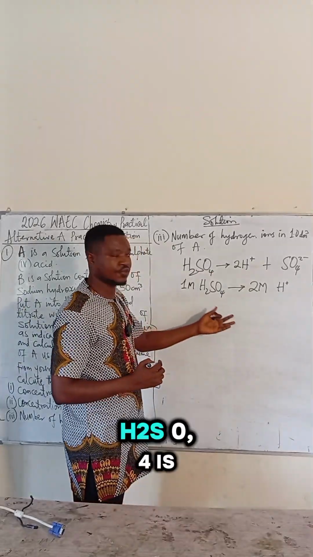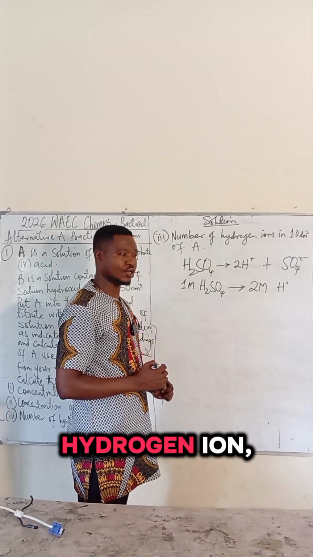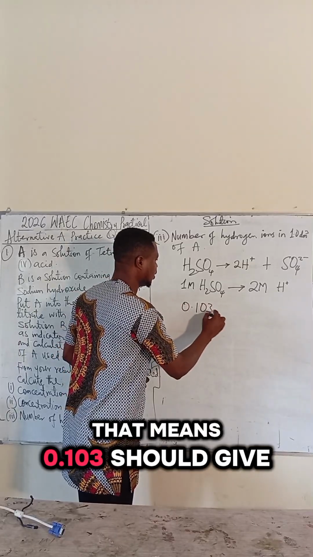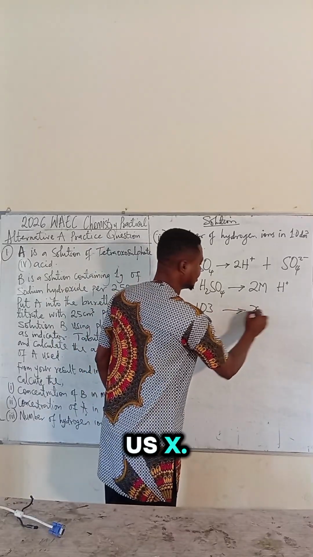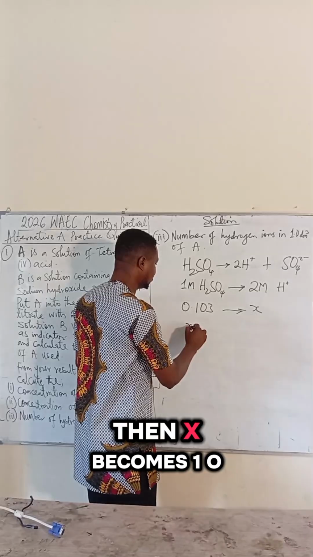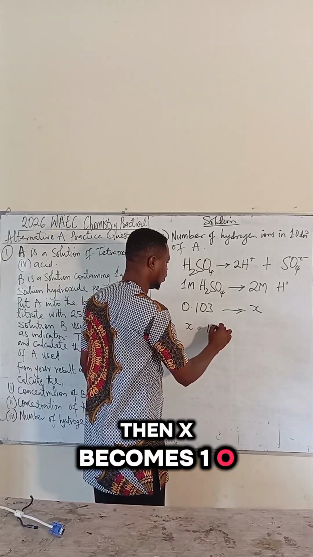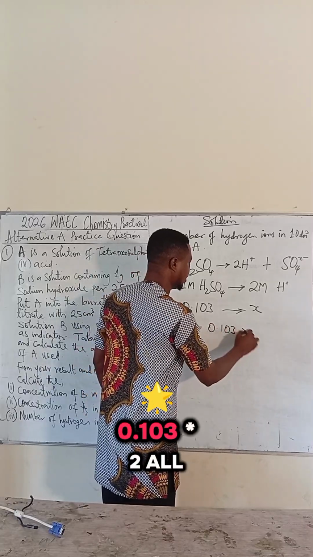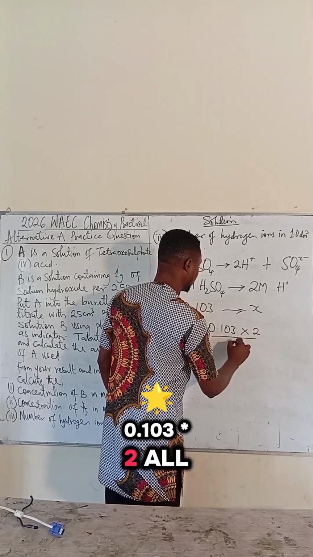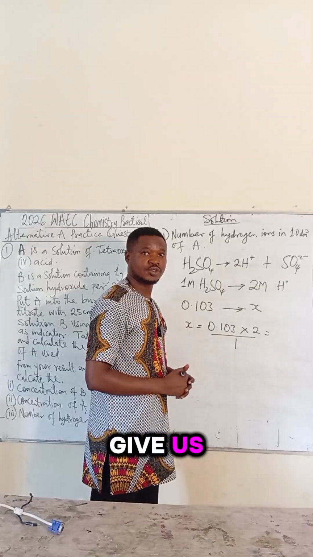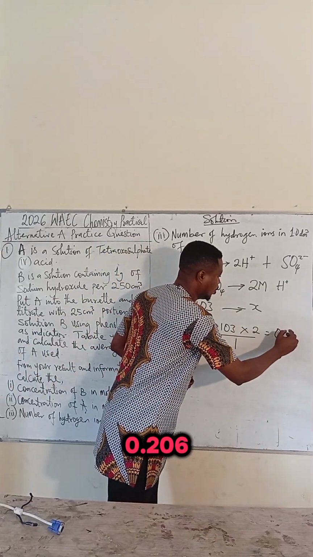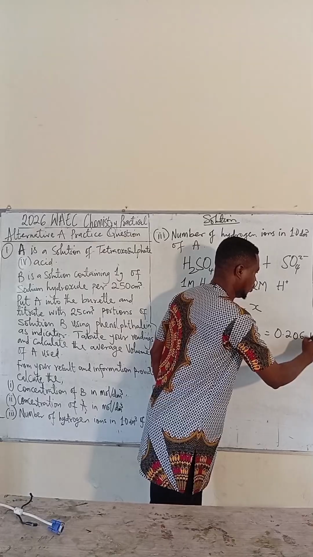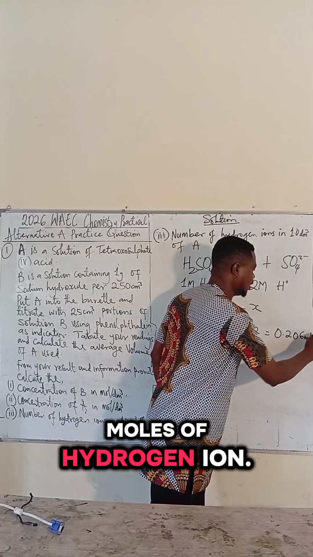If 1 mole of H2SO4 is giving us 2 moles of hydrogen ion, that means 0.103 should give us X. Then X becomes 0.103 times 2 all over 1. That will give us 0.206 moles of hydrogen ion.